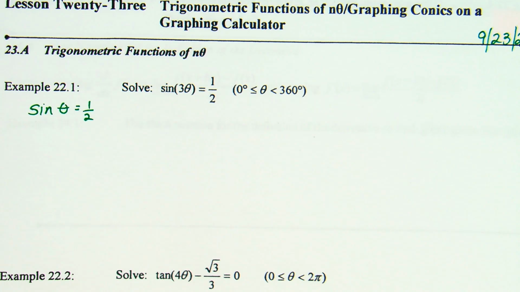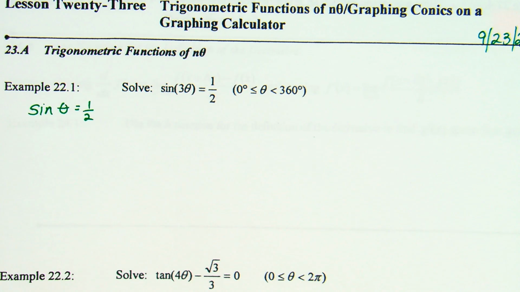You can think sine inverse, right? That would get you an answer. You're asking yourself, at what angle does the sine equal 1/2? Sine inverse of 1/2 would be 30 if you're in the degree setting in your calculator, right?